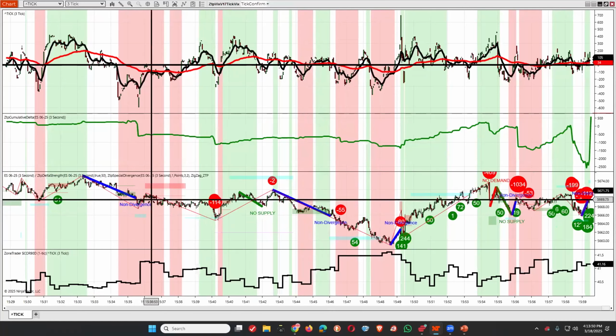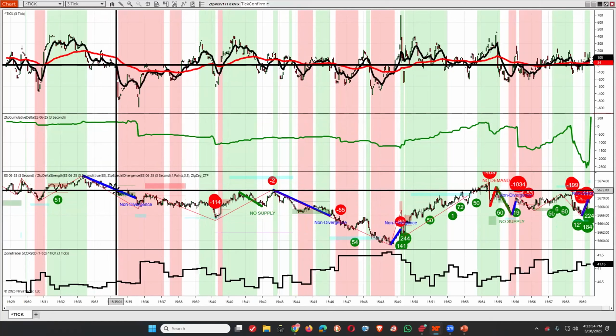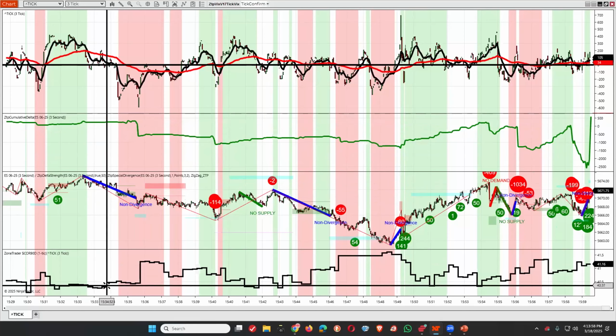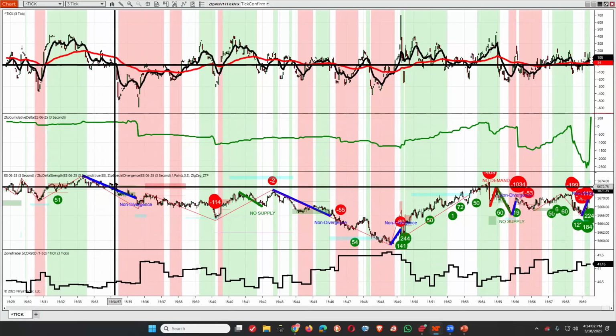Because if we know we want to be short from this period back here, we can see things moving. We can see cumulative delta dropping and core 90D rising. You can then switch Blackbird into where it's loaded and ready to go.